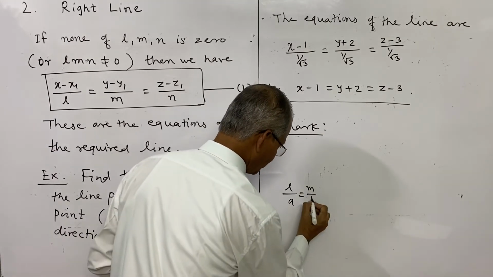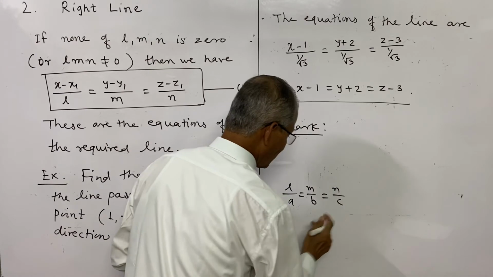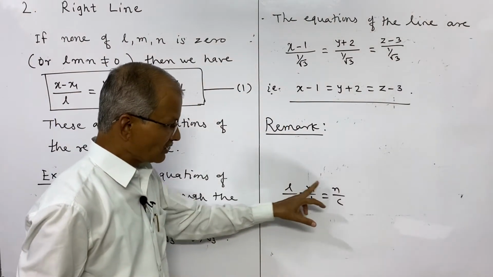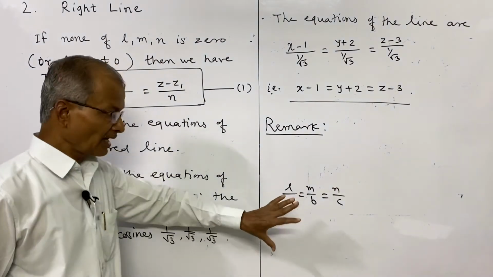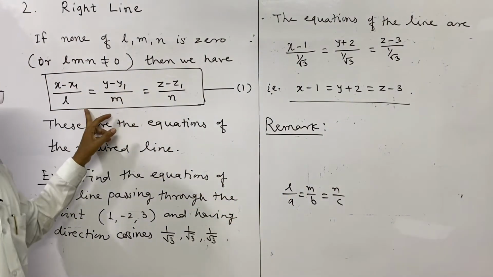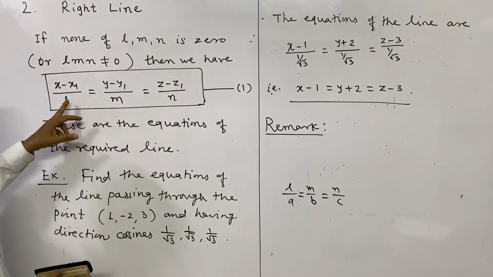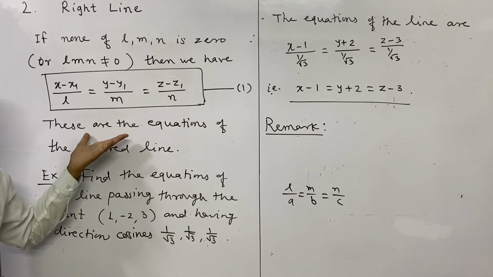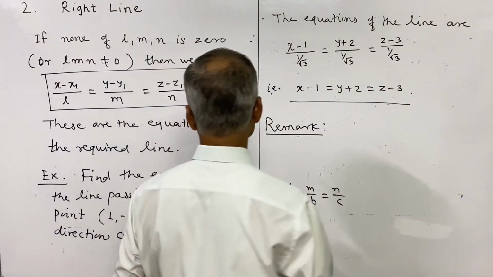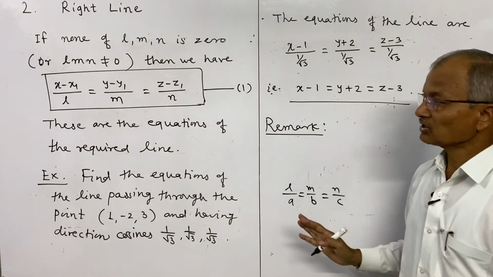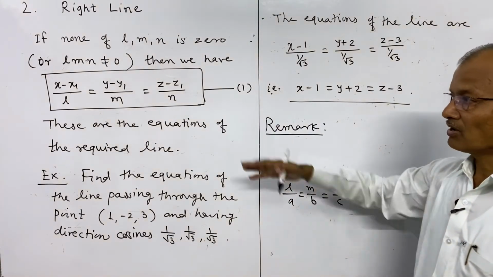This is the relation we have between the DCs and DRs, and these are proportions, equality of ratios. Thus if you replace l, m, n by a, b, c, the relation holds good, and the equations of the line will be obtained.